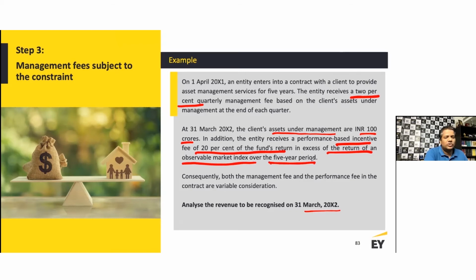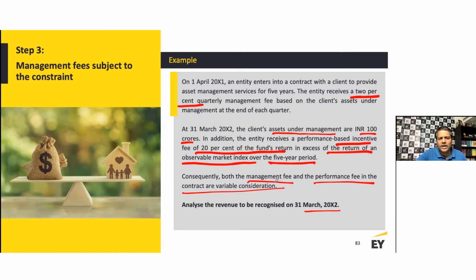So whatever the index has given, if you give more return than the index, you participate in the super profit, so to say, which is a hurdle rate. Hurdle is the index return, and then you get 20% from that perspective. Consequently, both the management fee and the performance fee in the contract are variable consideration.